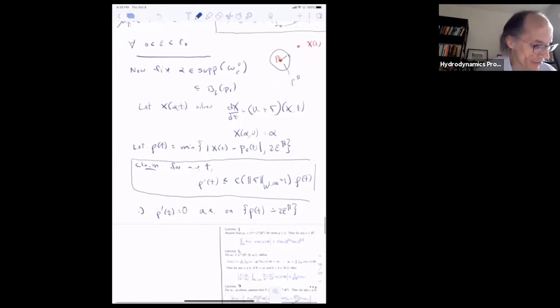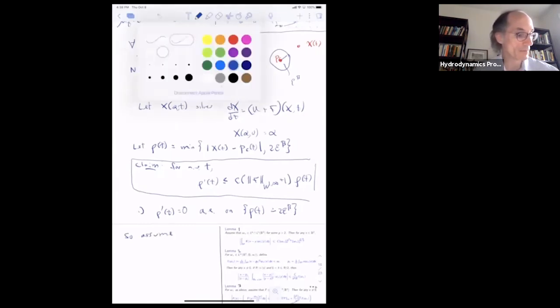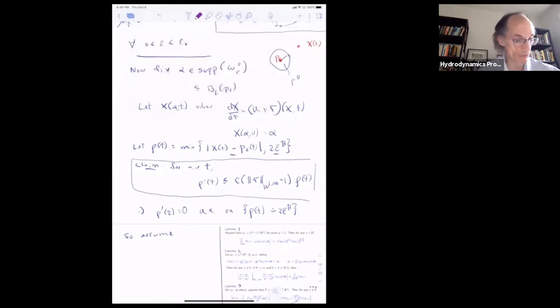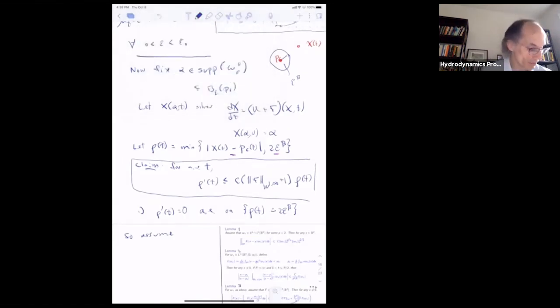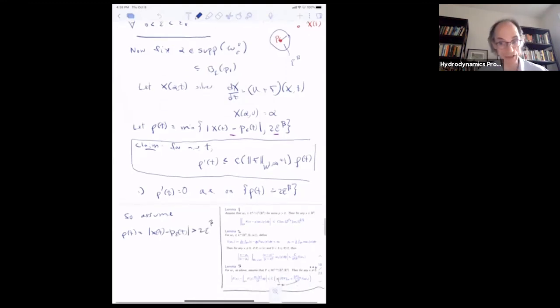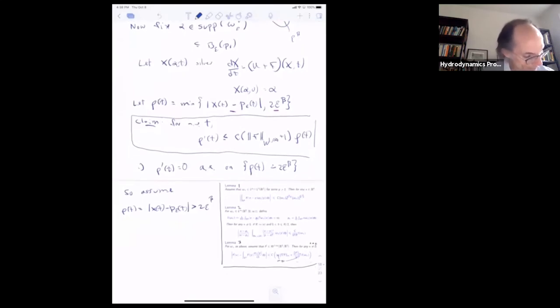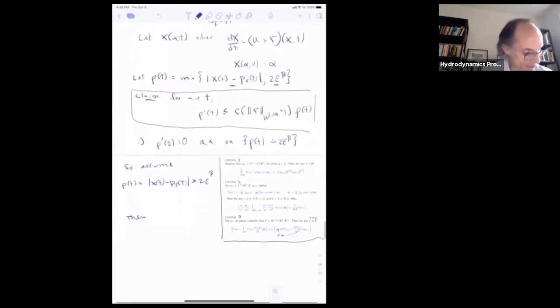And so let's then consider, so let's assume, okay, so rho was either this or that. We've ruled out the second case, and so let's assume that rho of t is equal to this x of t minus this center of vorticity, and that's bigger than 2 epsilon to the beta. And let me just differentiate that. And I need space, so I'll go down here.